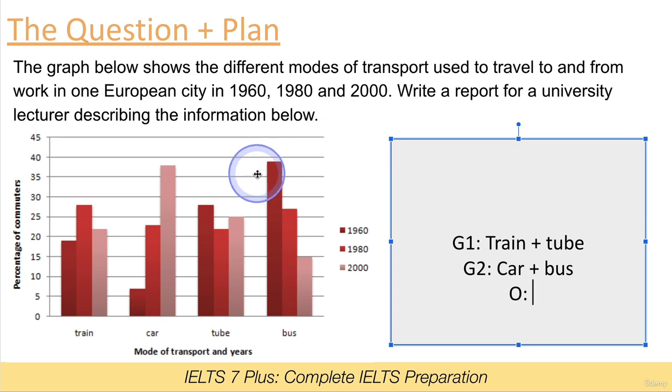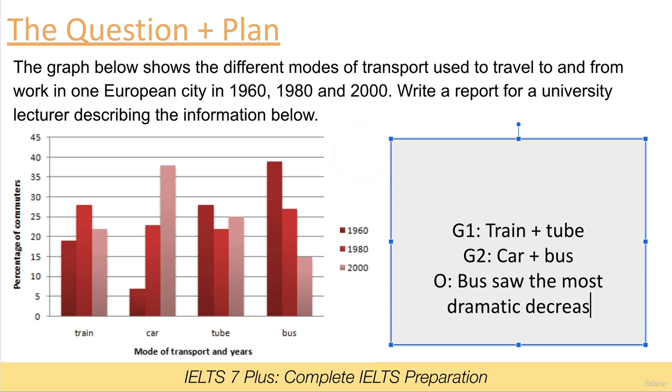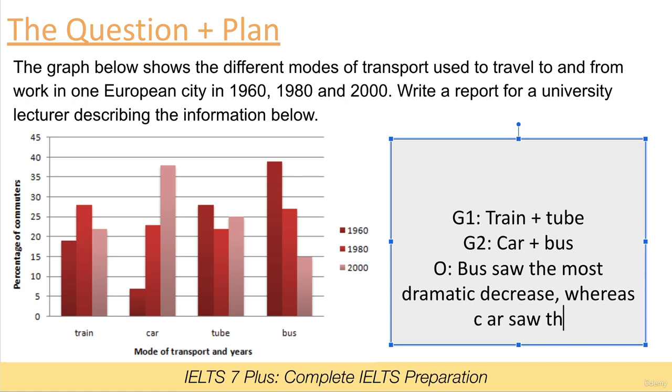Okay, so bus saw the most dramatic decrease over time, whereas car saw the most significant increase.